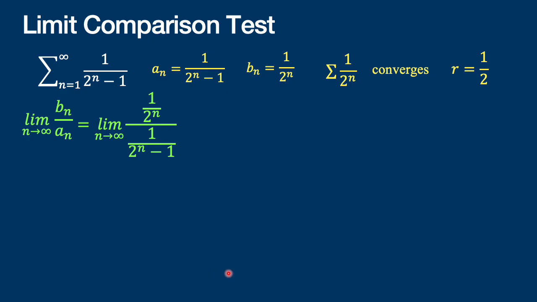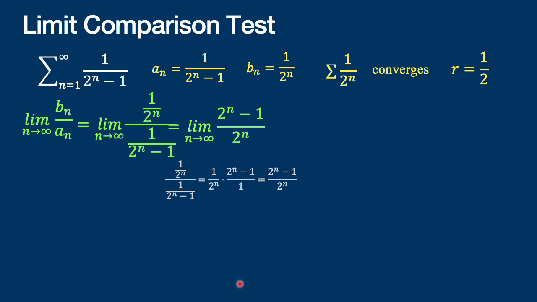It's a fraction of a fraction, so we simplify: 1 over 2n over 1 over 2n minus 1 is 1 over 2n times the flipped denominator, 2n minus 1 over 1. That's going to be 2n times 1 is 2n, with 2n minus 1 as the numerator. Now what you have to do, guys, is separate it right there. 2n divided by 2n is 1, minus 1 over 2n.